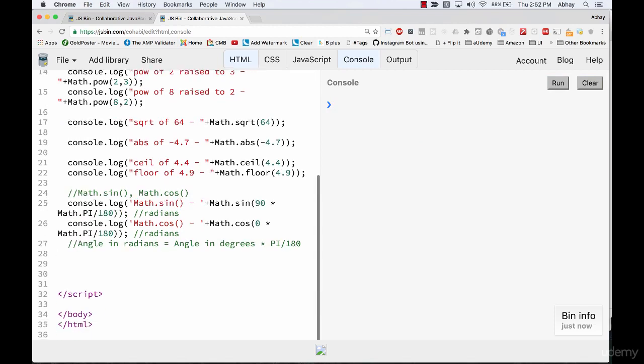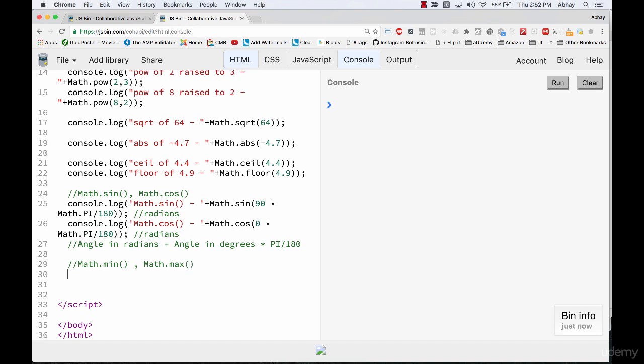Let's see another method that we have in the math object. It's called Math.min of a set of numbers and Math.max of a set of numbers. Usually you might have to get the minimum or the maximum for a range of numbers, and you can use Math.min and Math.max. Let's put that to use.